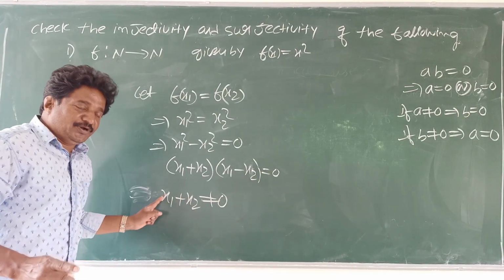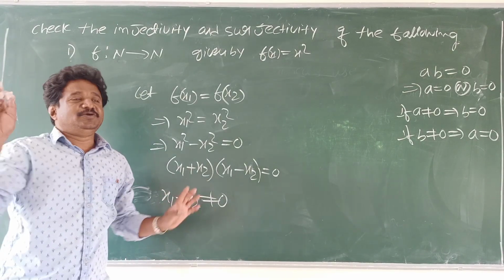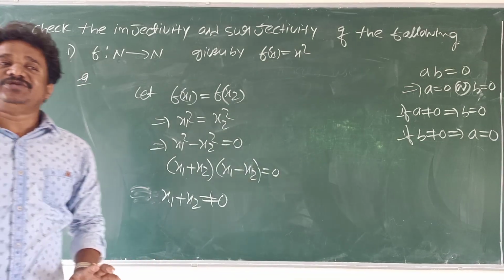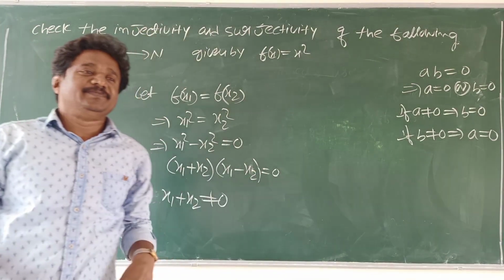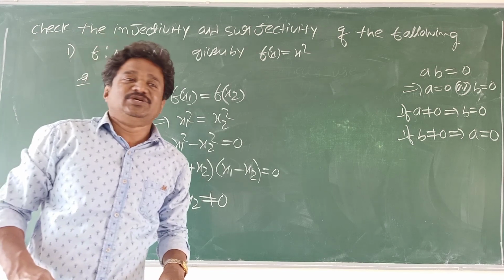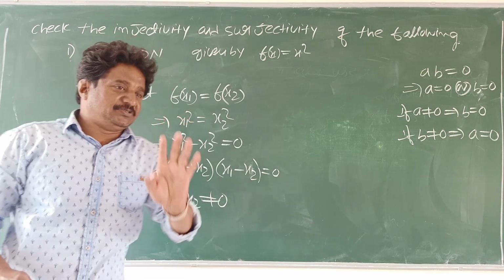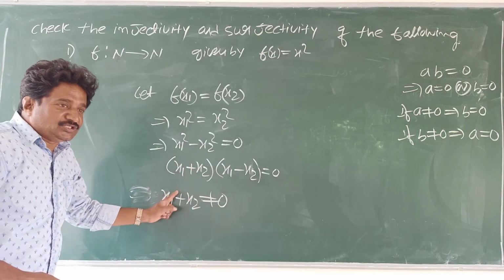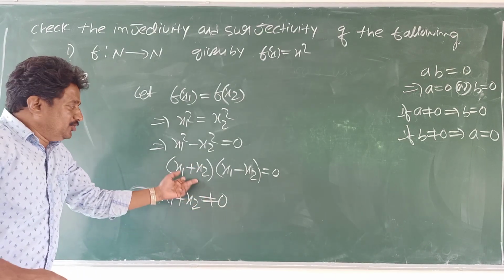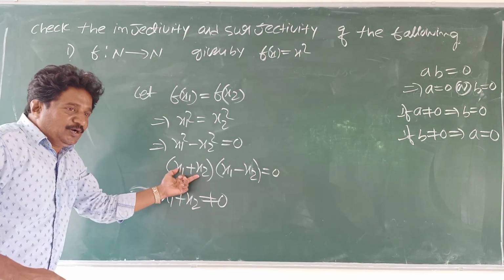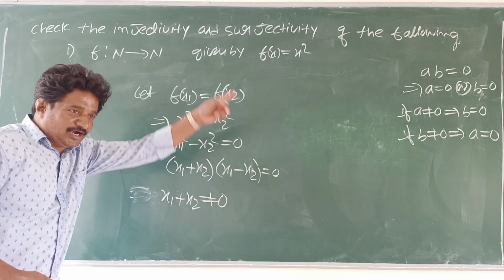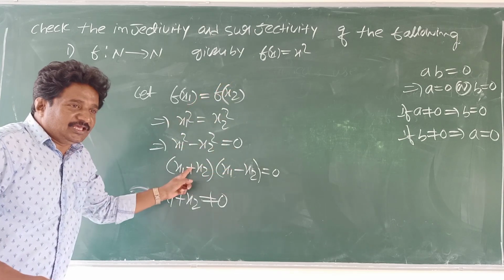The sum of two naturals can never be equal to 0. Naturals, tell me, 1, 2, 3, 4. Is it possible to get 0 by adding two naturals, students? Never possible. That is, x1 plus x2 is not equal to 0. If this does not become 0, this must be 0 according to the rule, because 0 into anything is 0.